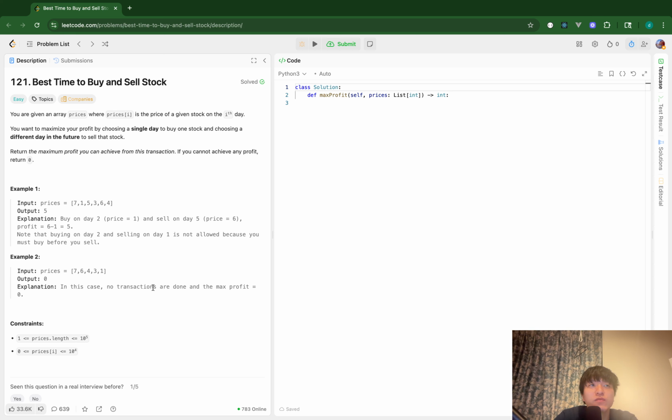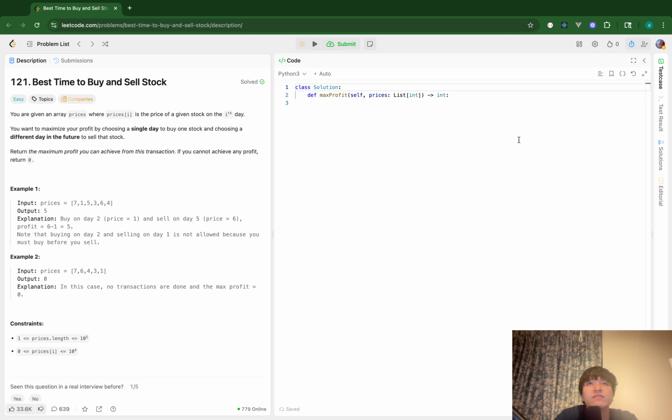So in this question, I'm given a list of integers, which signifies the stock price on each day. And my task is actually choosing two days, a buy date and a sell date. Sell date obviously has to be later than the buy date.